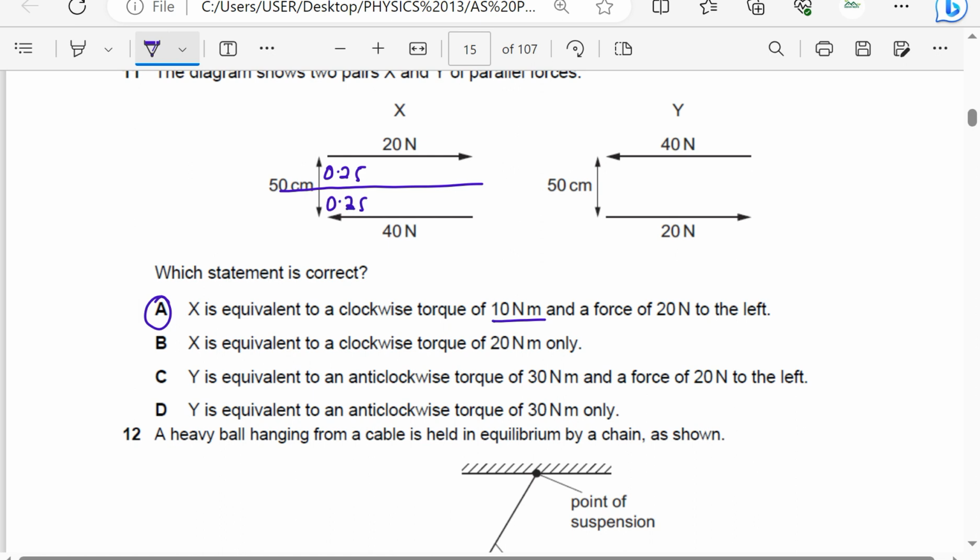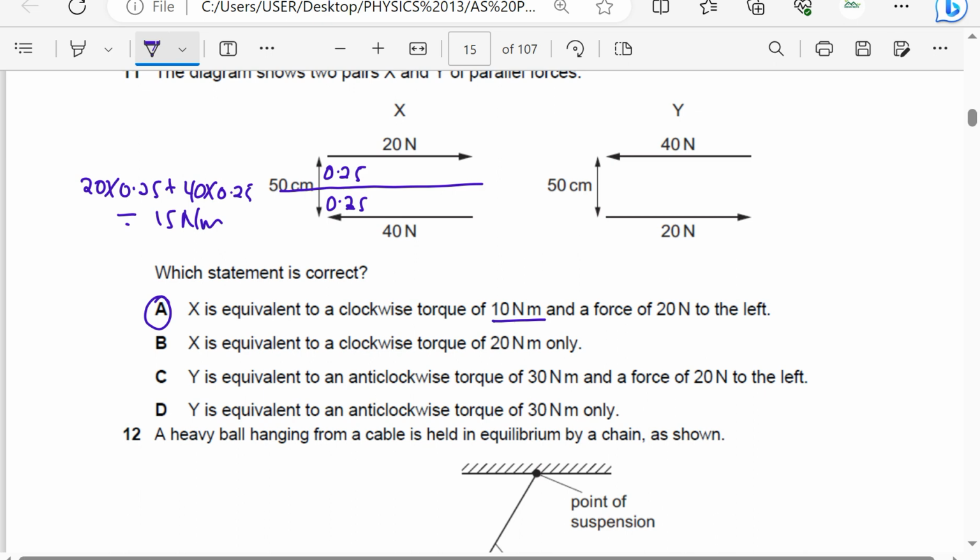So the moment by 20 newtons would be 20 times 0.25 plus the moment by 40 newtons would be 40 times 0.25, and this gave us 15 Newton meters. But we don't see 15 here. But the maximum clockwise moment should be 15.